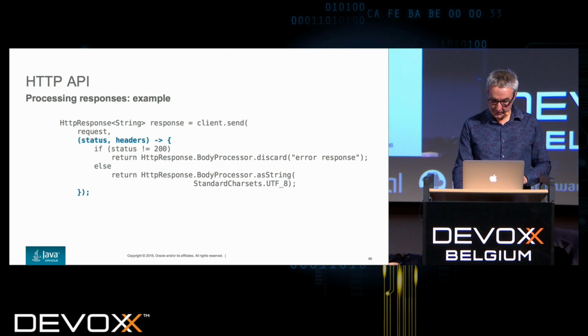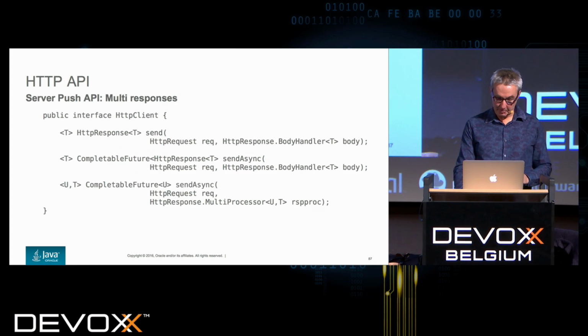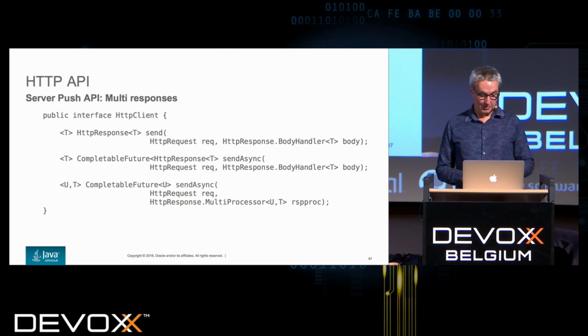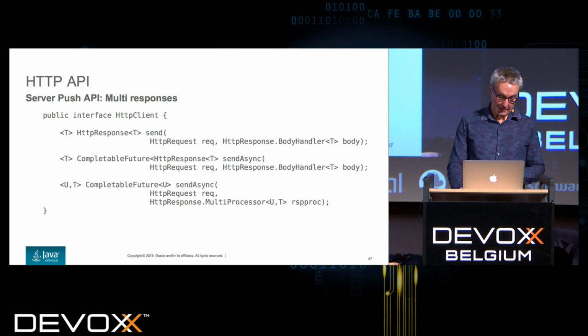Okay, so I just want to talk a little bit about the server push API. So how do we handle server pushes? Well, the first two methods you can see here are send and sendAsync, which I've described already. The third one is a second version of sendAsync, which takes a request, but instead of taking a response body handler, it takes a MultiProcessor.